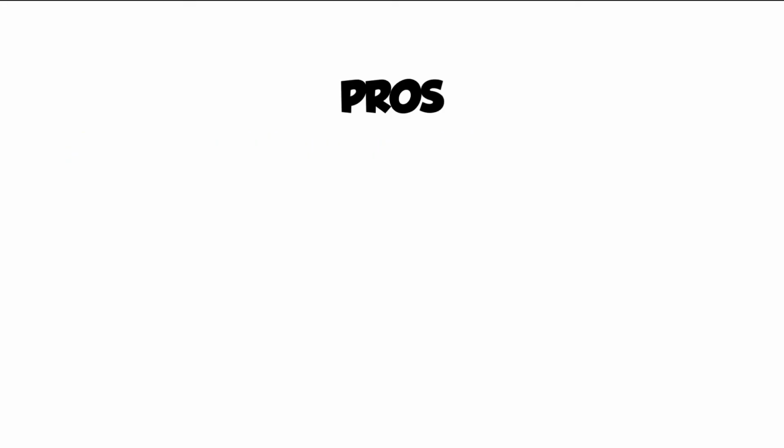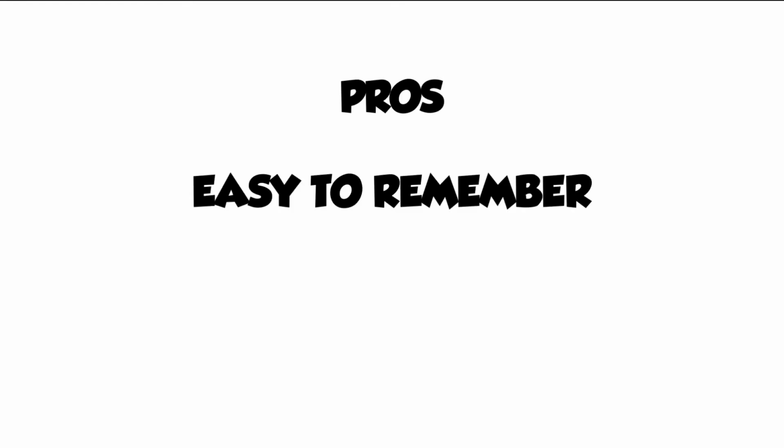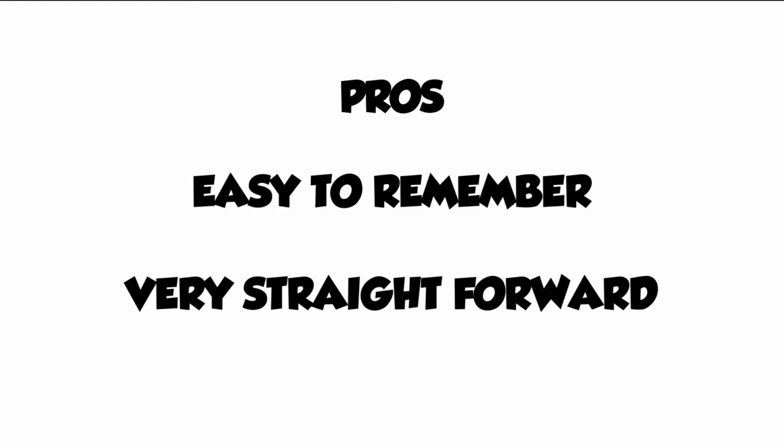Now, some of the pros of this approach: it's very easy to remember and is very straightforward. However, there are some cons to this approach. If you have abnormal or irregular sprints, such as resources not committing to the same number of hours, then your forecast will be off for the next sprint if you try and use this approach.